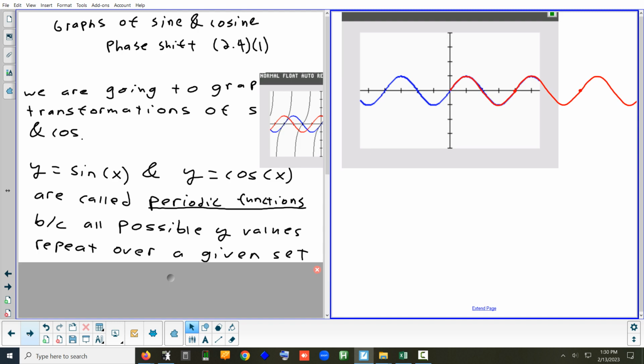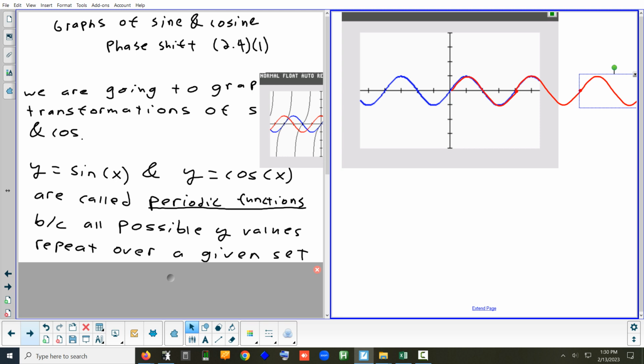So what's happening in that graph is basically the y values are what are repeated. The x values just keep heading further and further to the right. But the y values are stuck between 0, 1, 0, -1, and 0. 1, 0, -1, 0.